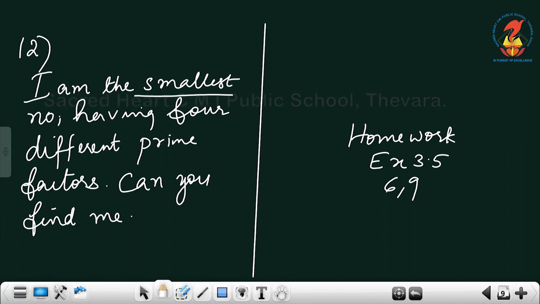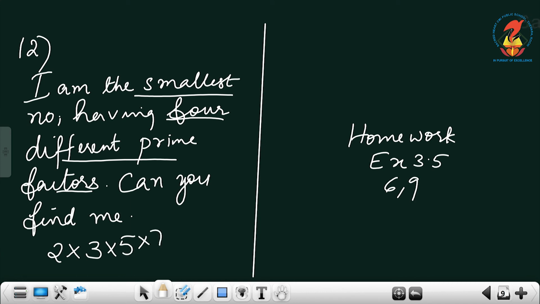So, it should be the number which we get by multiplying the least 4 prime numbers. The first prime number is 2, so 2 into 3 into 5 into 7. 7 3s are 21 and 5 2s are 10. So, 210 is the answer.